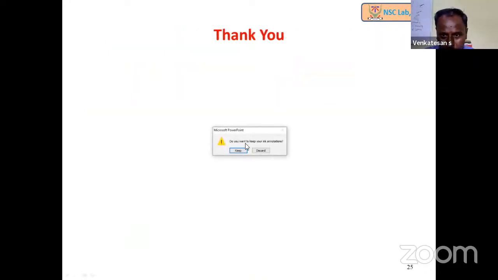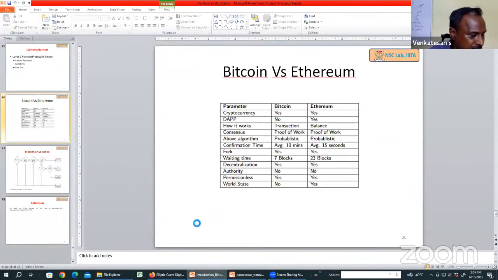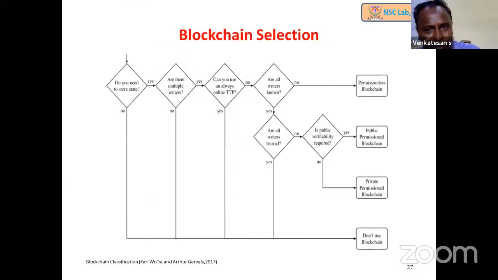So there was a slide which I missed in the previous session. So with this, I can conclude, which is very important. Let's say that you have an application and you want to decide whether your application needs the blockchain technology to be implemented.